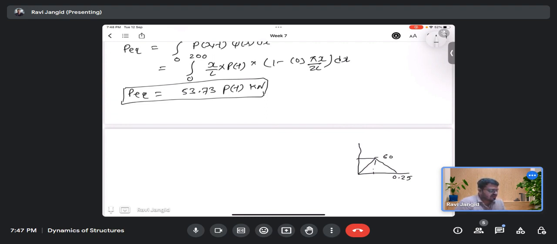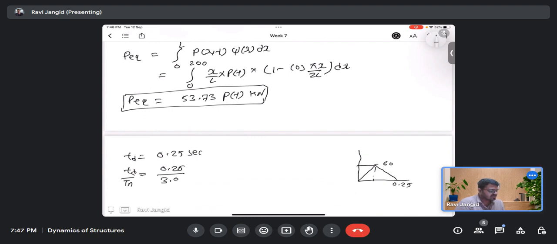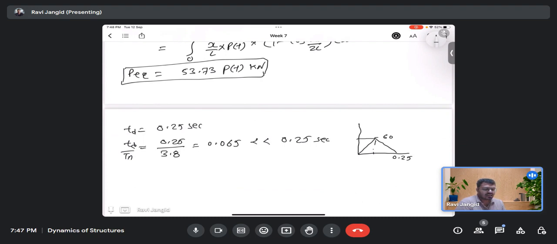So if TD is given to me as 0.25 second, my TD by TN, if I calculate, that is 0.25 divided by 3.8. So that is coming out to be 0.065. So that is very, very less than 0.25 second. Okay, so I can take this pulse as an area.